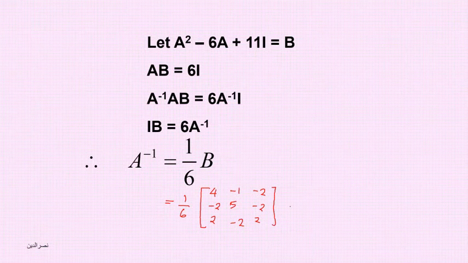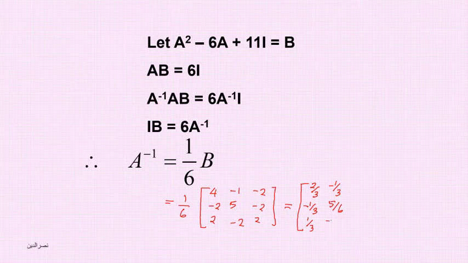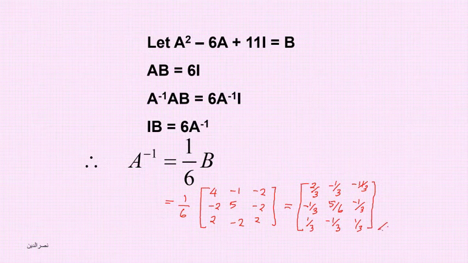By dividing all the entries by 6, we have 2/3, -1/3, 1/3, -1/3, 5/6, -1/3, -1/3, -1/3, and 1/3. Okay, this is the inverse of A.